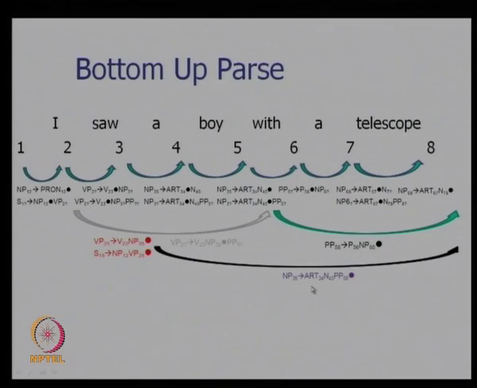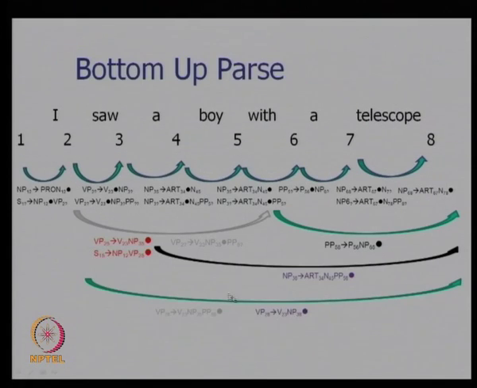Okay. This or rather this noun phrase here, a boy with a telescope, 3 to 8, and when this is done, this verb phrase between 2 and 8 will be finished.